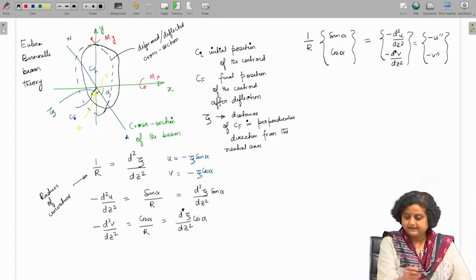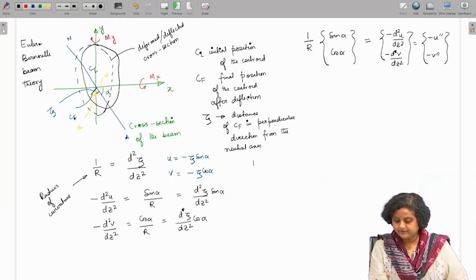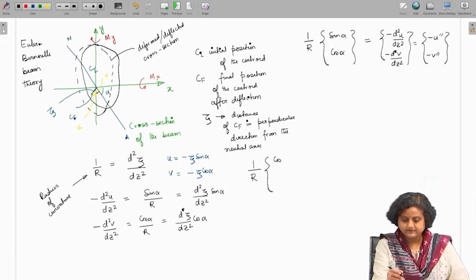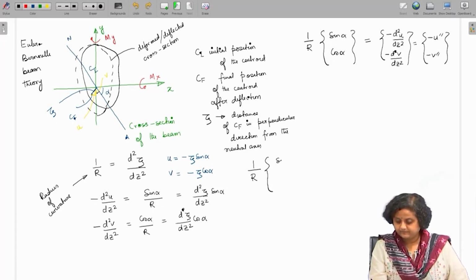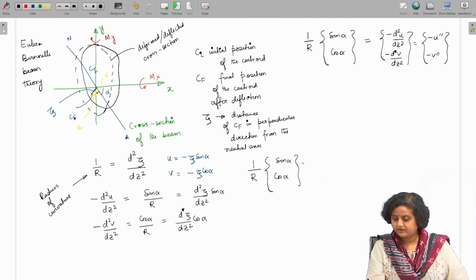We have seen from our previous expression that sin alpha and cos alpha can actually be written as 1 by E times the inverse of the moment of inertia matrix.